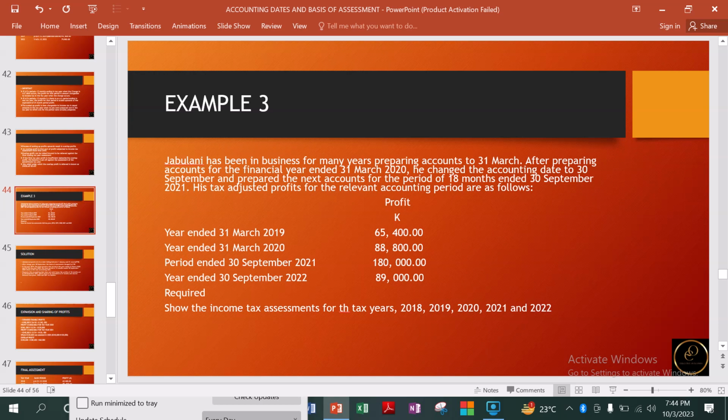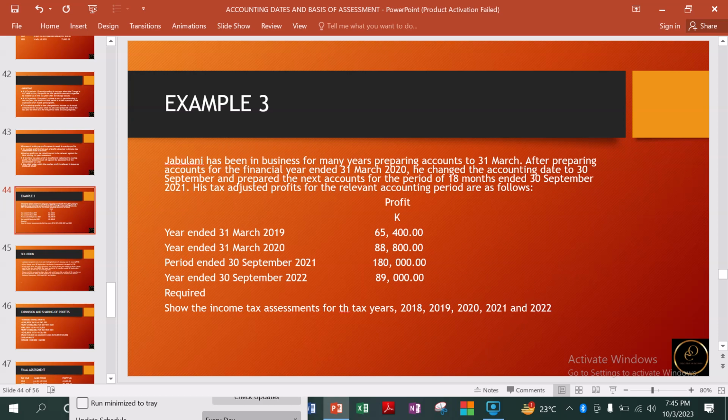Then there's the change of accounting period. So from 1st April to 30 September 2021, you have 180,000. If you count, that is 18 months, if I'm not mistaken, where you earned 180,000.